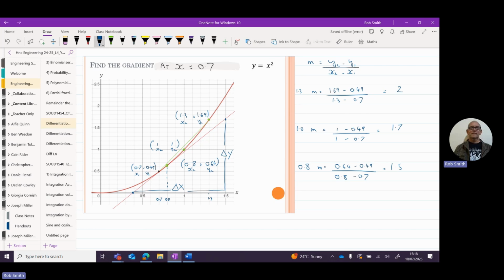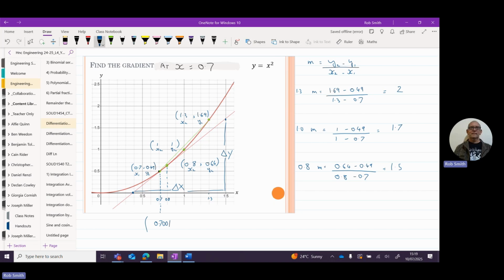So let's be really, really pedantic and put our green dot really as close to it as I can get. And I'm going to say that is going to be, see what we get, 0.7001. That's really, really dead close to where we want it.